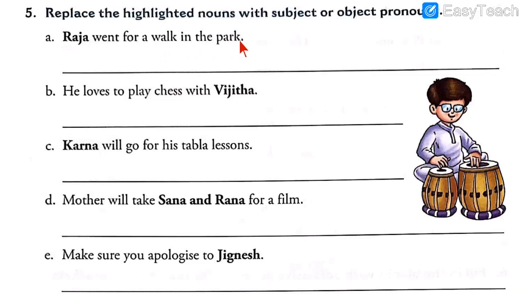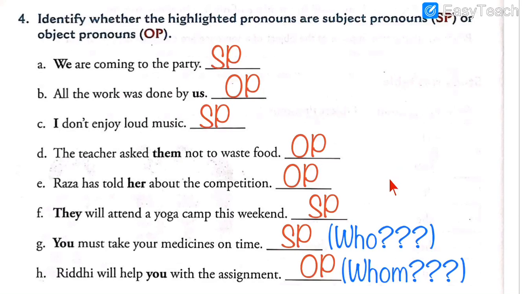Raja went for a walk in the park. Now, Raja is the name of a boy. So, here we have to ask the question who. Remember the previous exercise, I had told you to ask the question who for subject pronouns. Ask the question whom for object pronouns.